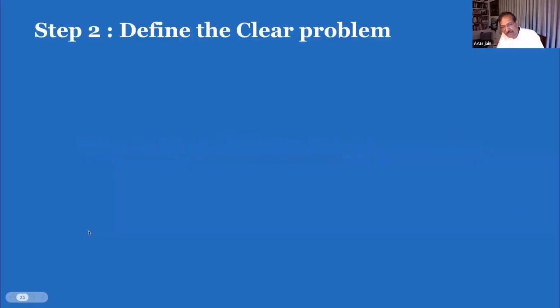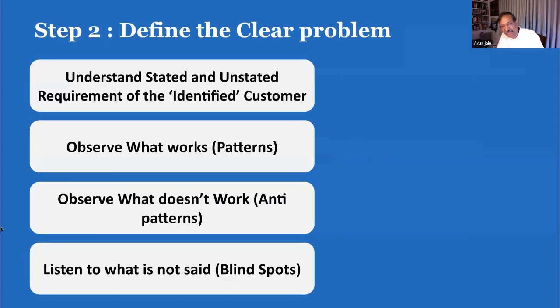Based on this, step 2 is we identify the big opportunity by defining the clear problem. Over here, we need to understand the stated and unstated requirements of the identified customer. If rural India is my customer, what is their stated and unstated? I make a list of the items. I observe what works, what the patterns are. I observe what doesn't work, the anti-patterns, and let's listen to what is not said, my blind spots.